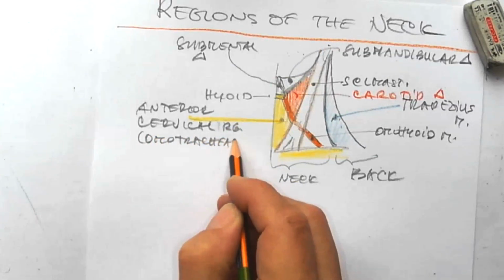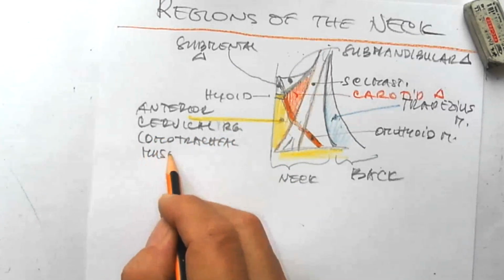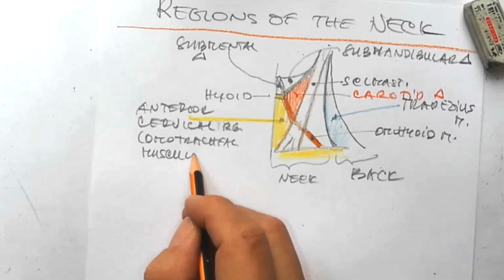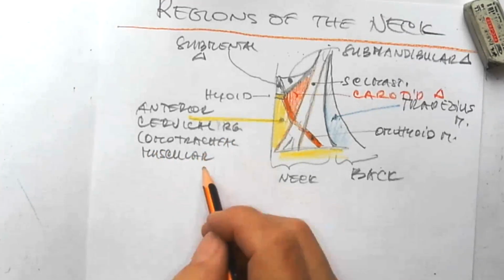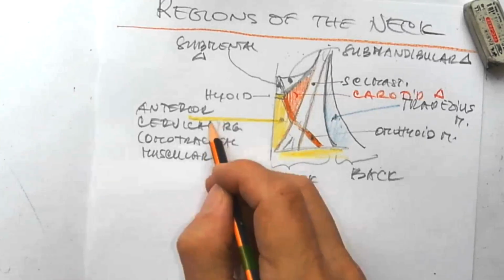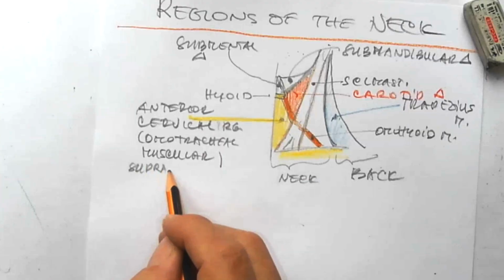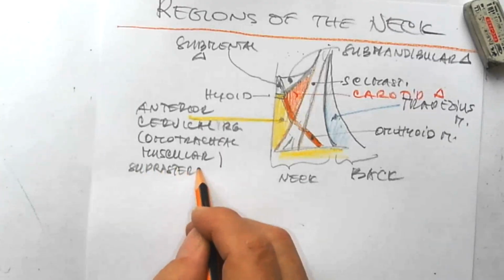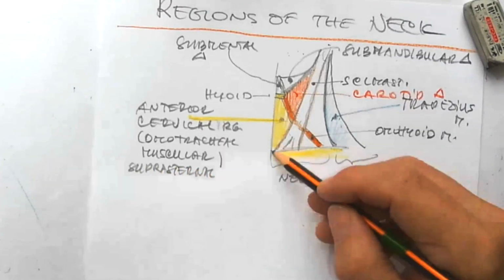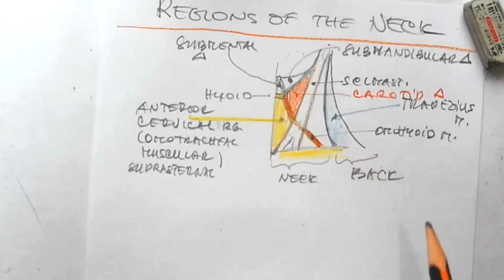Another word, omotracheal or muscular. You can read in the books muscular region, omotracheal, muscular. That's it. Also suprasternal, because it also descends to the sternum, because here is a depression.